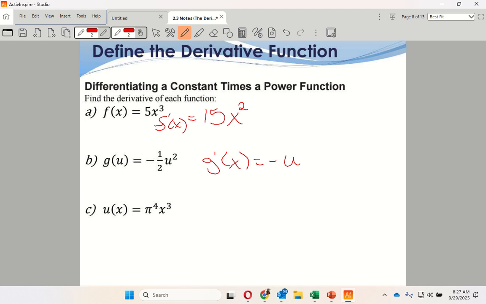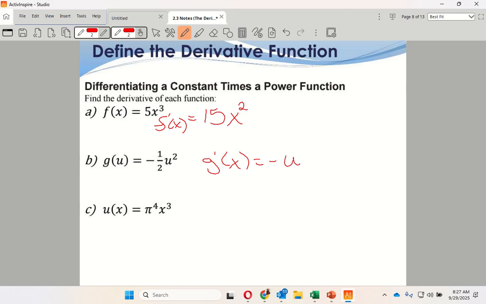Now, is pi a number or is it a variable? Pi is a number.